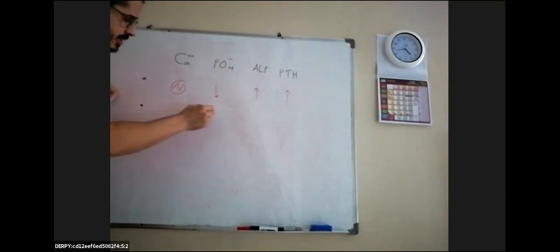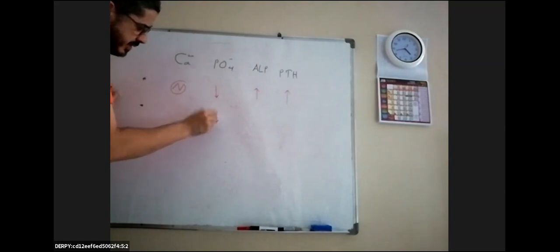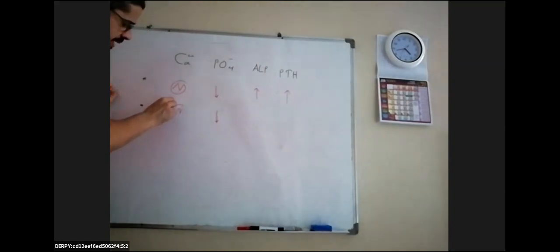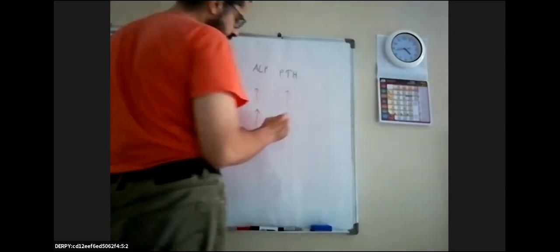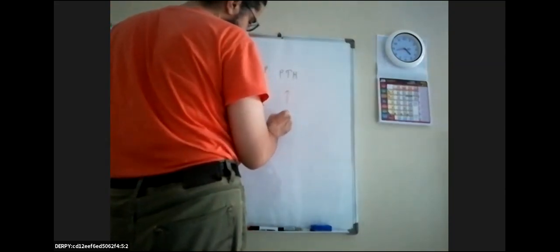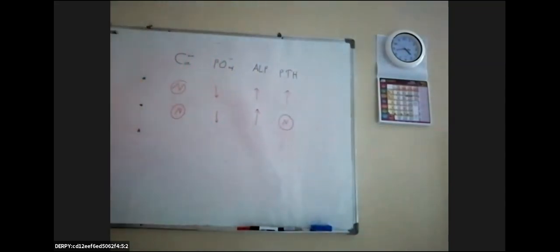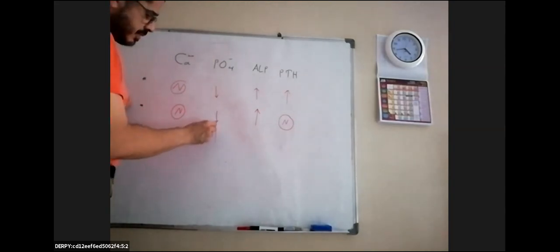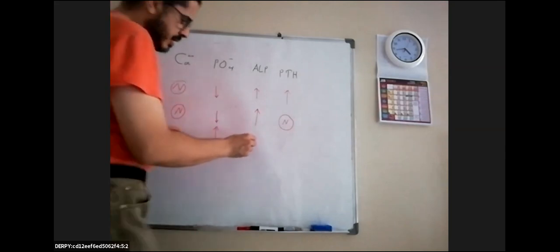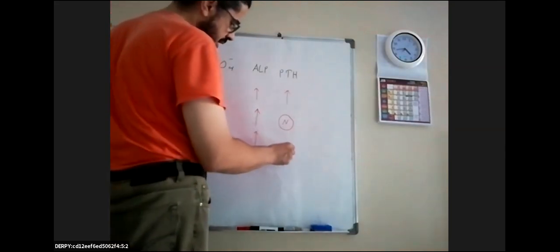Second patient, low phosphate also, normal calcium, high alkaline phosphatase, and normal parathyroid hormone. Third patient, low calcium, high phosphate, high alkaline phosphatase, high parathyroid hormone.